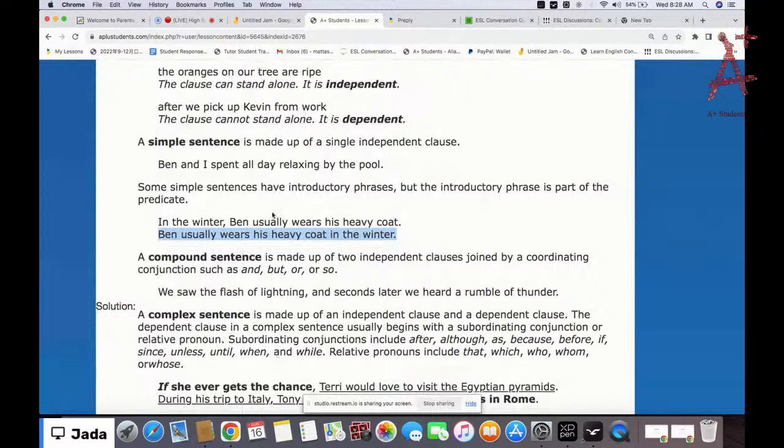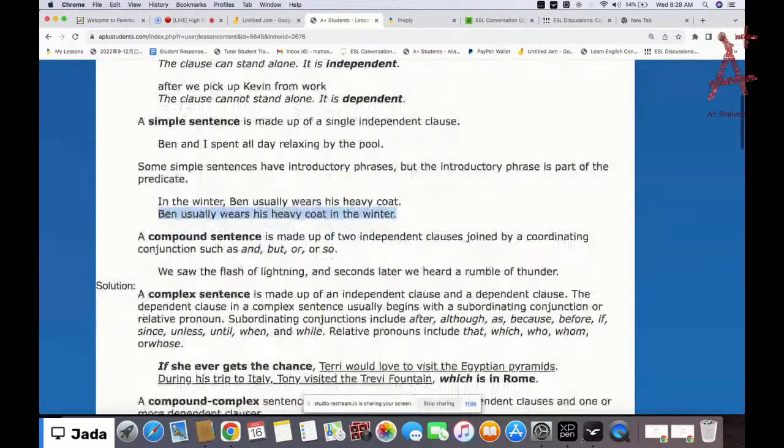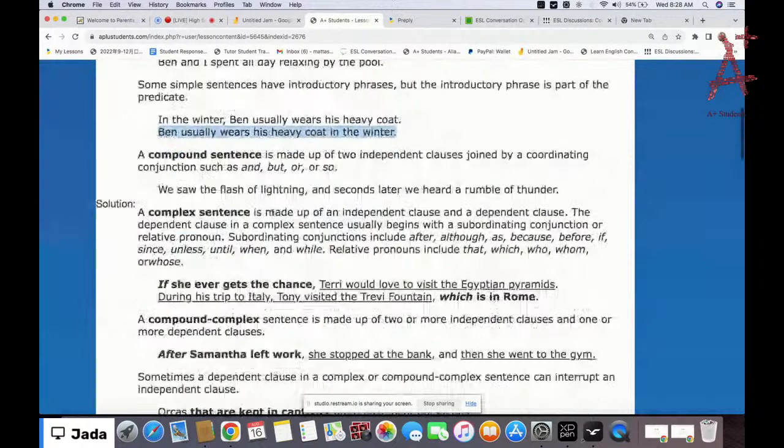And then the compound sentence. A compound sentence is made up of two independent clauses joined by a coordinating conjunction, such as and, but, or, so. Again, we know that independent clauses can stand on their own, form a complete thought, and make sense.